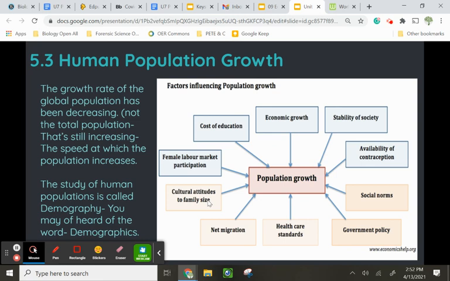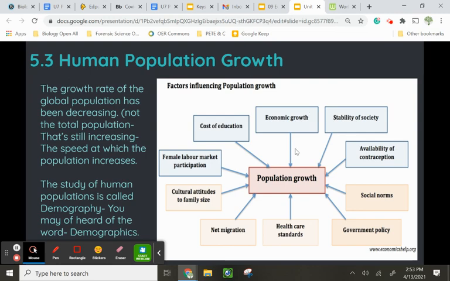In some cultures, it's revered to have very, very large families. In other cultures, not so much. Female labor market: do women hold off on having children until they're more established in their careers? Is that more of the normal thing for that culture, or do females start having children very young? So a lot of factors influence population growth.